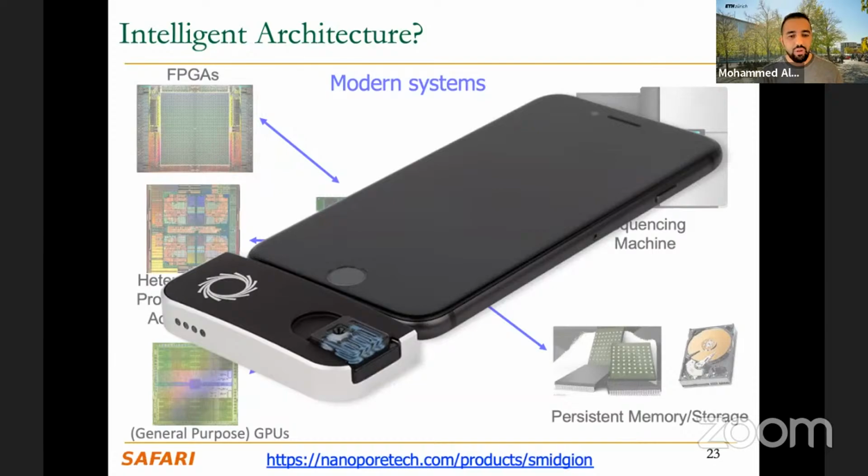You don't really need multiple equipment or cloud computing to do the analysis. And this will be very helpful in remote areas where you don't have access to the internet, as in Ebola. It was in Africa. Most of the countries in Africa don't have good internet, or they don't have facilities at all to do the analysis. So having these devices distributed over there will be very helpful.